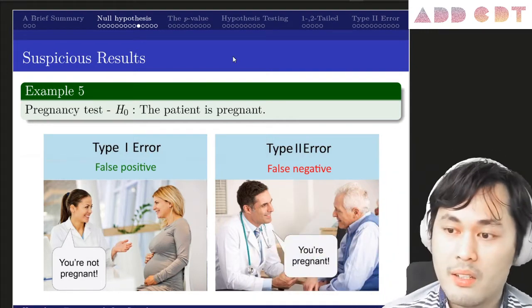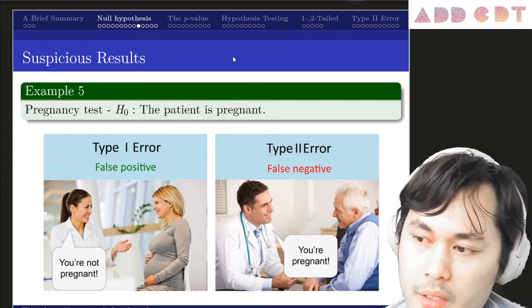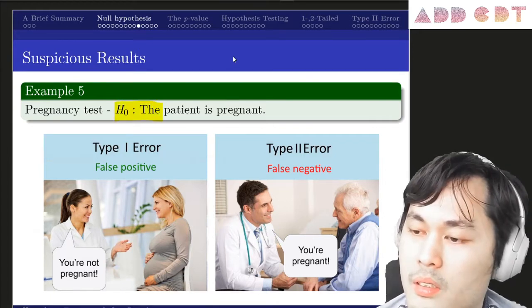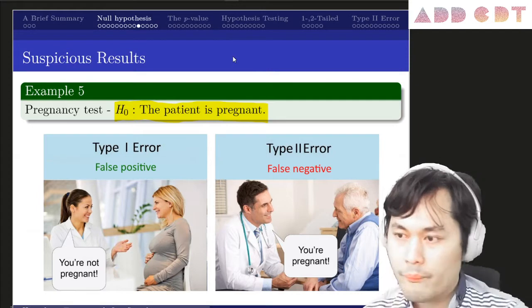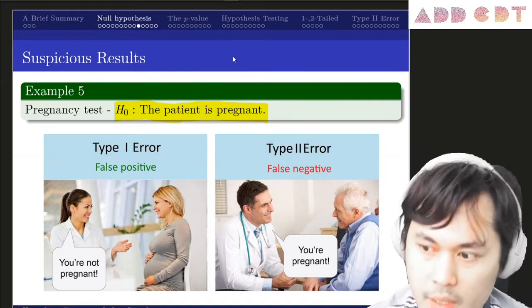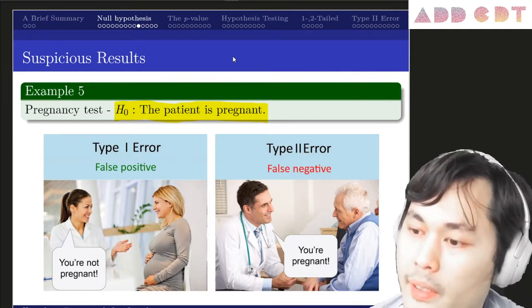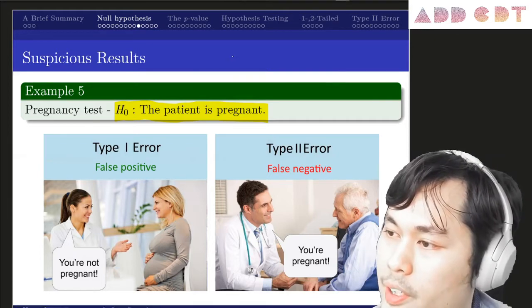So maybe the doctor suspects that the patient is pregnant. Right, that's pretty common. This is the thing that the doctor believes to be true. And then of course there are 4 scenarios.